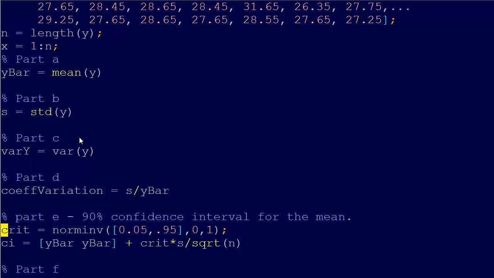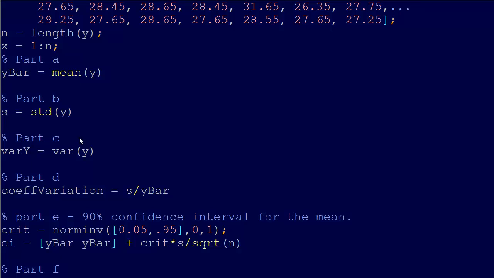If we have a standard distribution and we're looking at the 90% confidence interval, then 10% is not covered, with 5% below and 95% above. So anything below 0.05 and above 0.95 is going to be outside of that confidence interval.